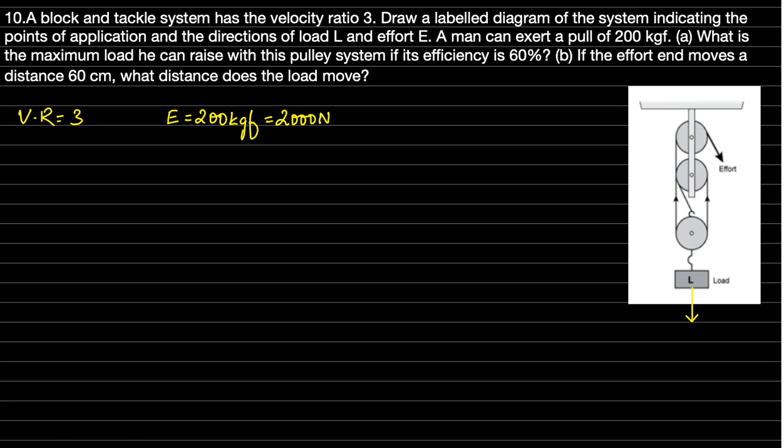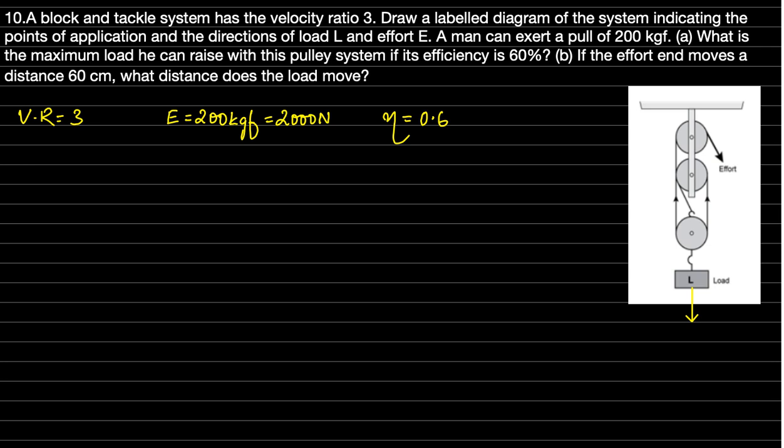We can do it in kgf also, it's your choice. So what is the maximum load he can raise with the pulley system if efficiency is 60%? So efficiency that is given as 60% can be written as 0.6. So for doing the first part of the question, we will be finding the mechanical advantage.